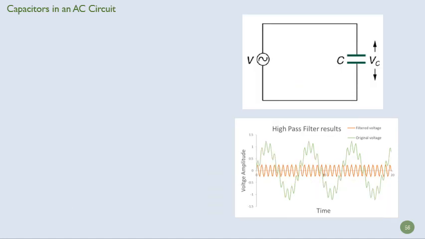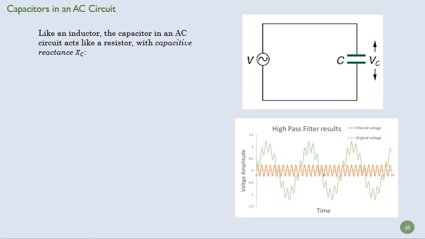A capacitor does just the opposite, and it has what's called capacitive reactance. In a low frequency signal, what happens? I get initially a big current as the electrons move through the wire to charge the capacitor. But once it's charged, there's no current anymore.